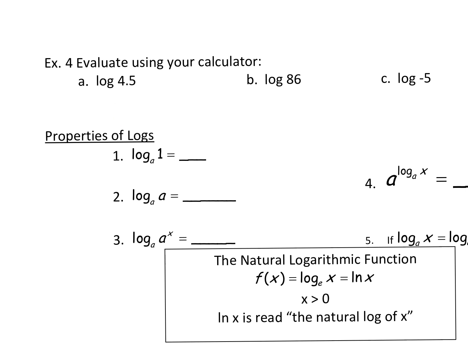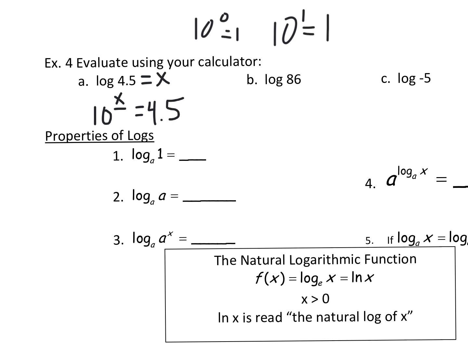You can also think about this as a base of 10. This equals, like if we put x, 10 to the x equals 4.5. And think about it, it's kind of important to go through this lesson. We'll look more at this. But 10 to the 0 equals 1. 10 to the first equals 10. 10 to the second equals 100.